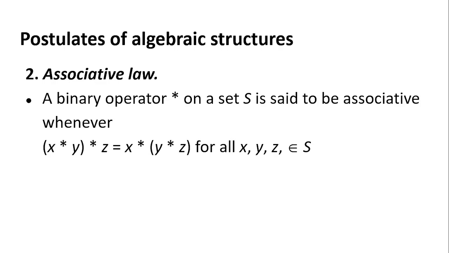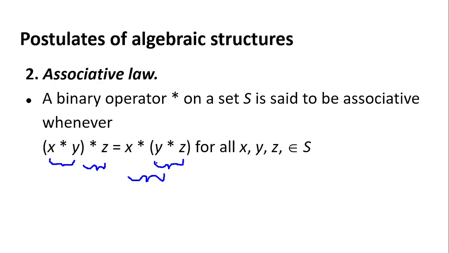So here we have the binary operator. Now you can associate them in any way you want. For example, let's assume that you have three elements x, y and z. You can associate x and y together first and then apply the z, or you can apply y and z first and then apply the x.